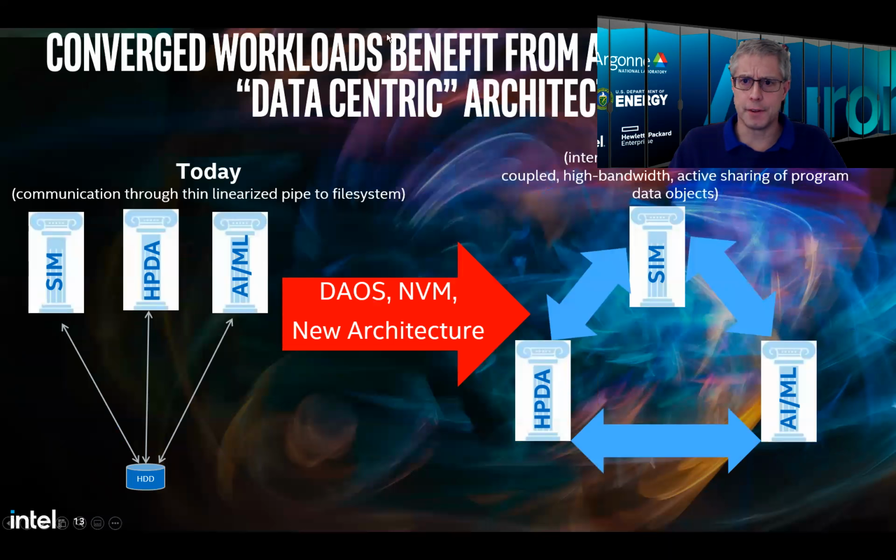So let's come back to this picture here. I talked about it at the beginning when we said, today we're on the left, and where we want to move is over there on the right, where we are bringing them all together. And one of the stories on how we're doing that is by using DAOS, right?